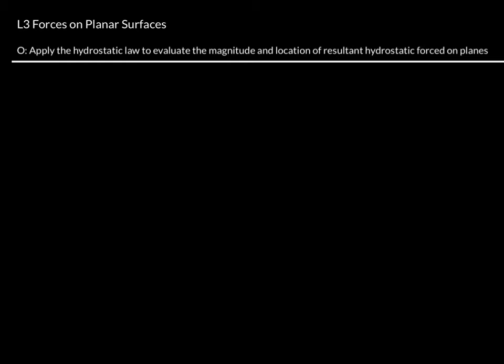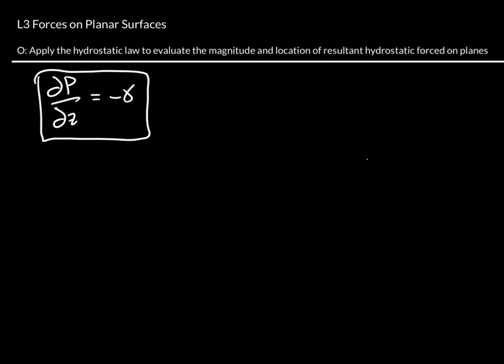I'm going to draw a picture and we'll talk about what this means. We want to remember that the hydrostatic law, at its most general, is dp/dz equals negative gamma. Basically it says that as you move downward in a fluid, the pressure increases.